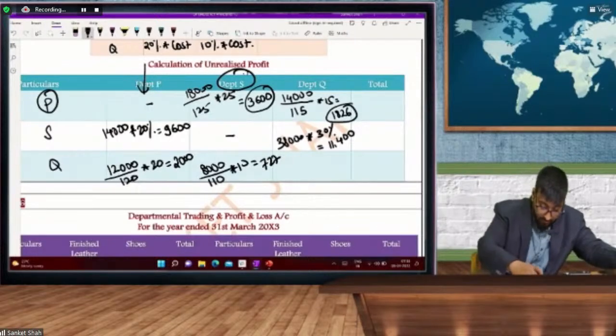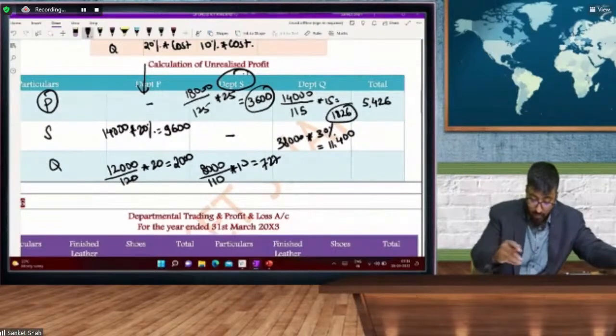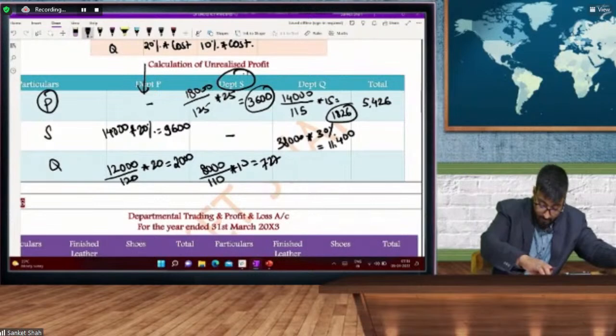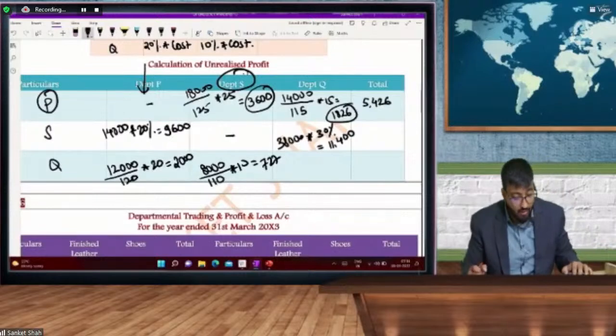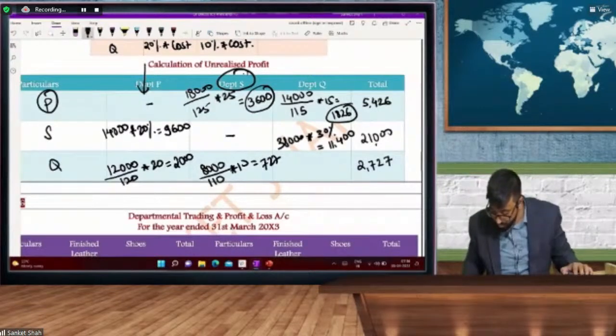Horizontal. 3,600 plus 1826, 5426. $2727.